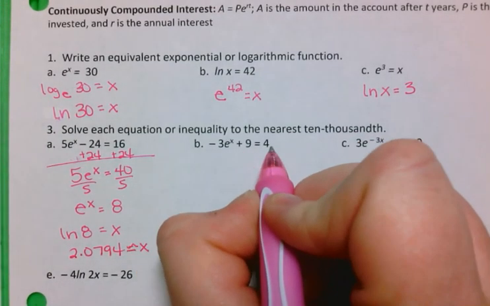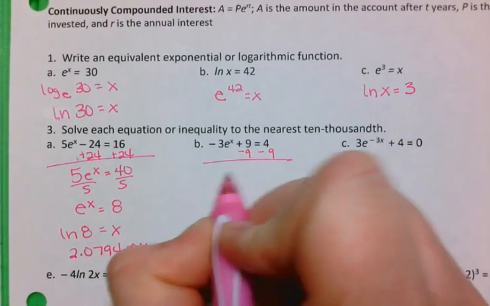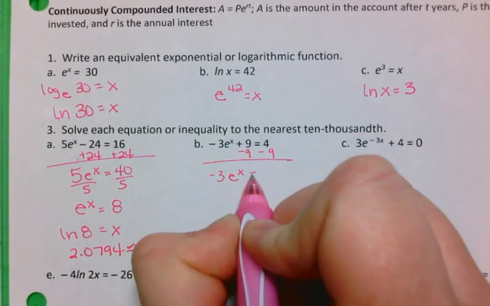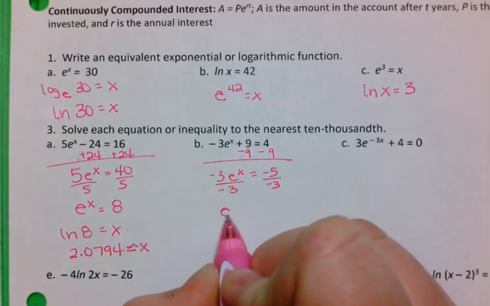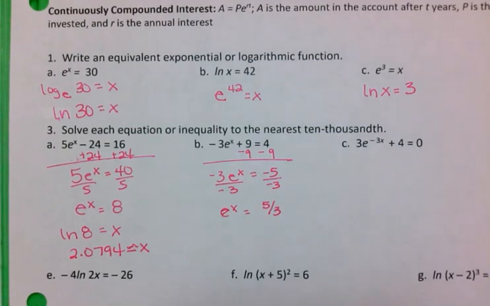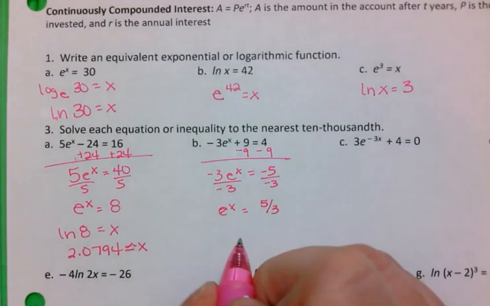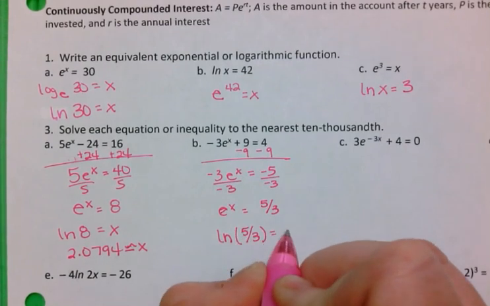Alright, minus 9, and then divide by negative 3. Negative 3 e to the x equals negative 5, divide by negative 3. e to the x equals 5/3. So answer, exponent: the natural log of 5/3 equals x.